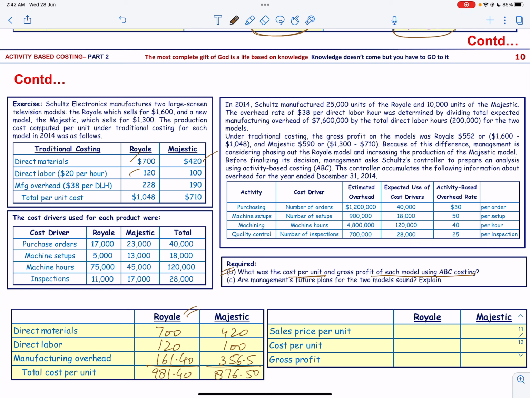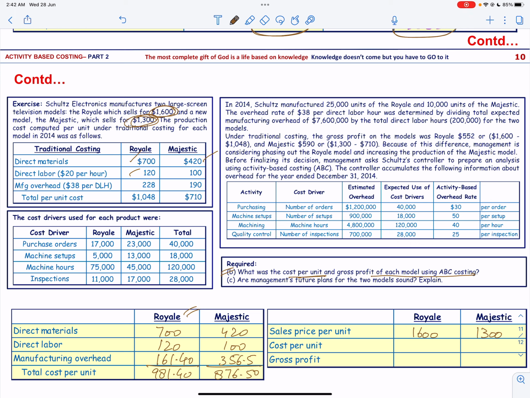Next, we are going to determine the gross profit for Royal and Majestic. Now we have the selling price, which is given for Royal as 1600 and for Majestic it is 1300.